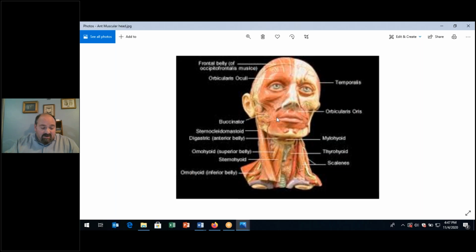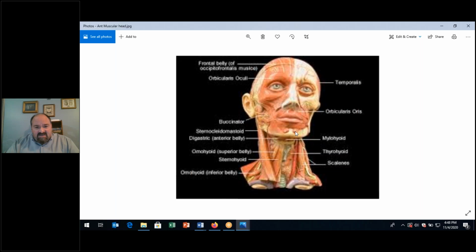So right at the angle here, that is the depressor anguli oris. Depressor labii inferioris would be the lower lip, and the upper lip, levator labii superioris. So depressor labii inferioris would aid in pulling the lip in the inferior position, downward.